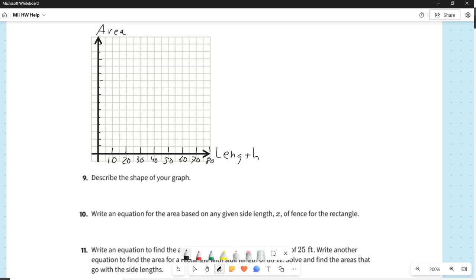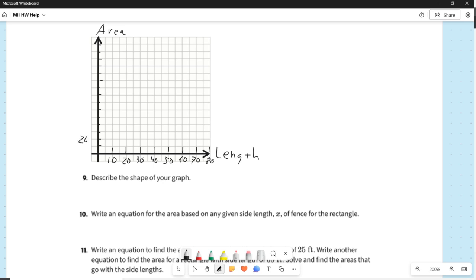Again, that barely fits, so I think this is what they want us to do. The top one is going to be 1,600. Labeling every single hash mark is going to get crowded, so I'll label every other one.